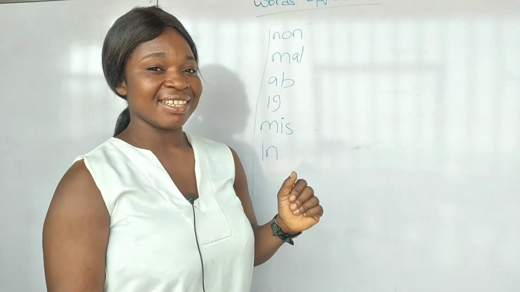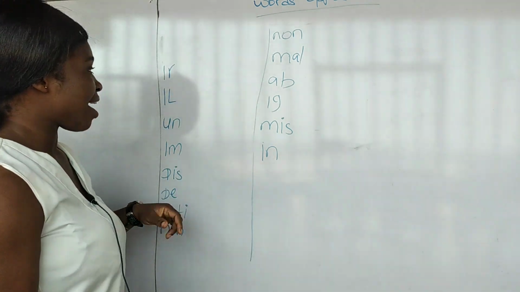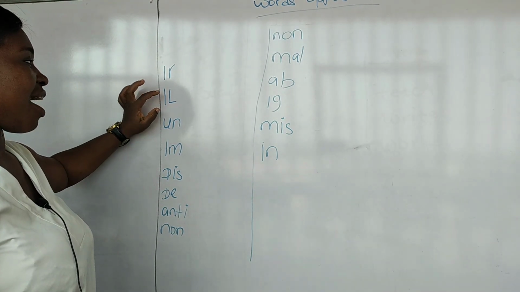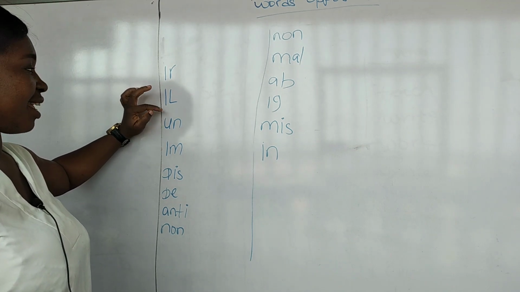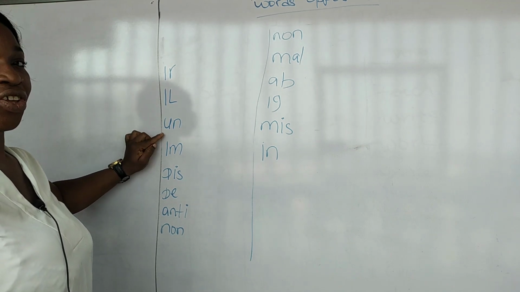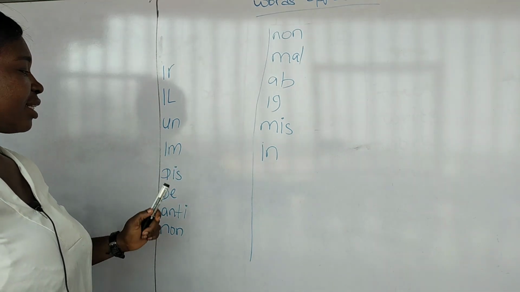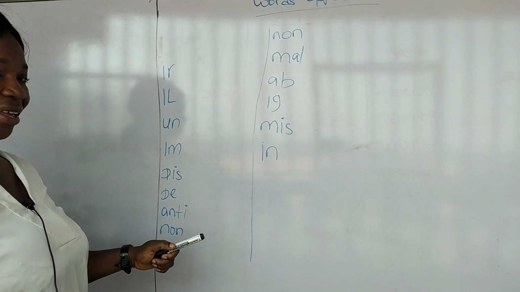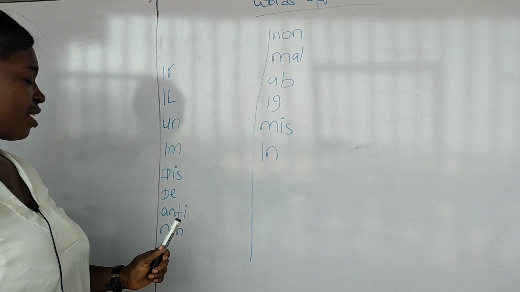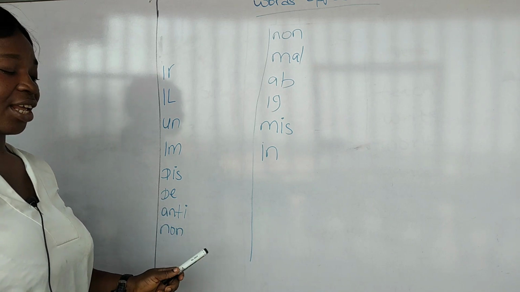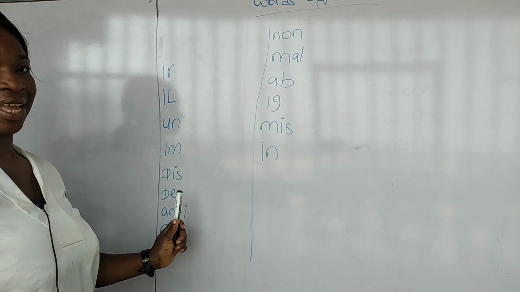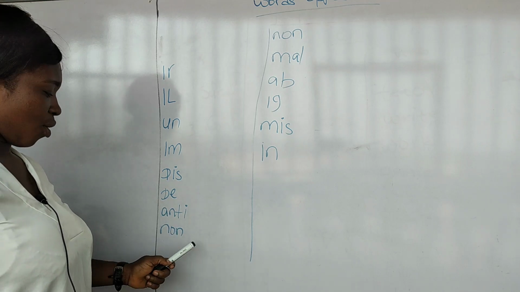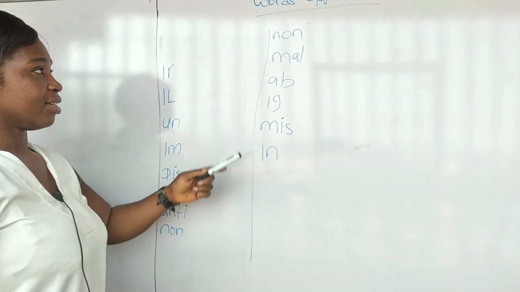Okay, so let's see the list I have here. I have IR, IL, UN, IM, DIS, DE, ANTI, and NON.